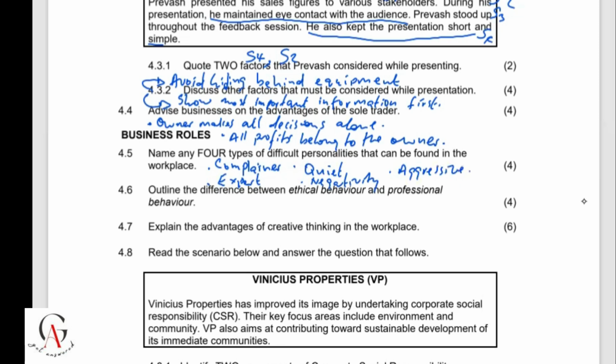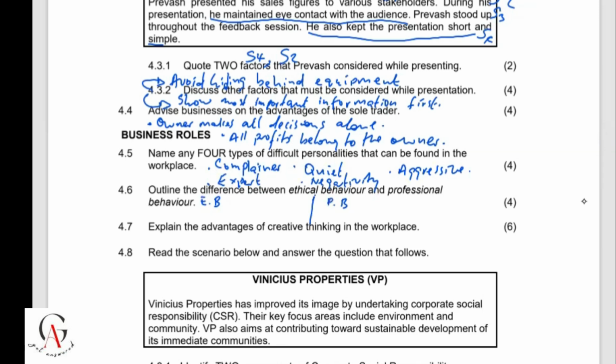So now, let's check out 4.6. 4.6 reads as follows. Outline the difference between ethical behavior and unethical behavior. So now let's check ethical behavior and professional behavior. Okay, right. So now, when we talk about ethical behavior, we refer to the principles of right and wrong or acceptable in society.